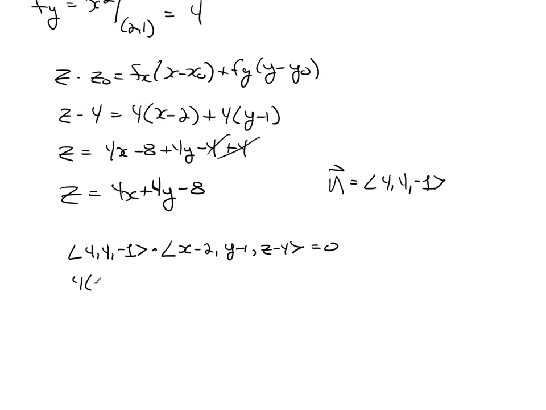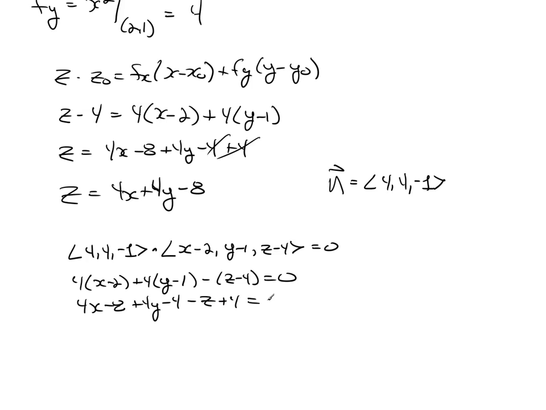That will give me 4 times (x minus 2) plus 4 times (y minus 1) minus (z minus 4) equals 0. So I'm going to have 4x minus 8 plus 4y minus 4 minus z plus 4 equals 0.